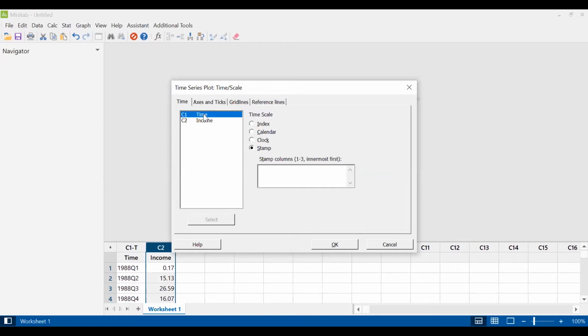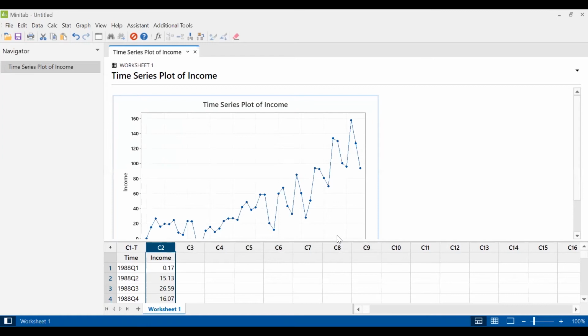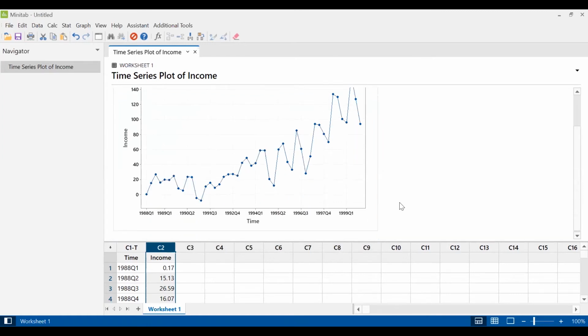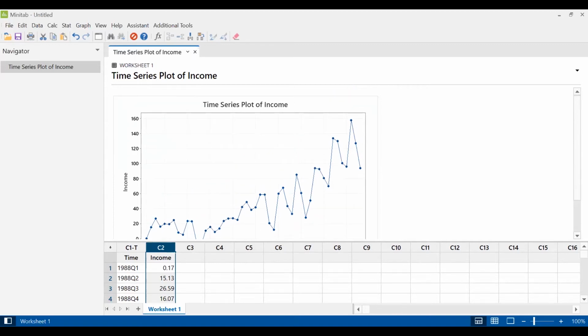It's not required, but having the stamp just gives us more information as to what year and what quarter we're looking at. So I'm gonna click on OK to get the time series plot.